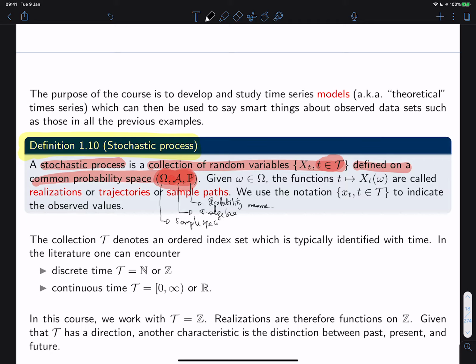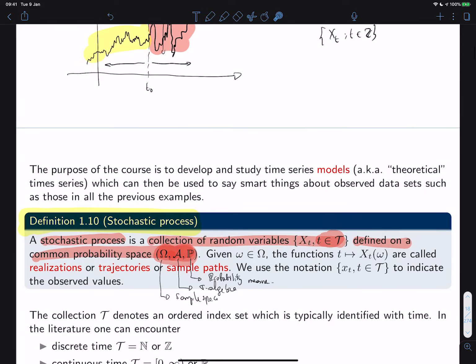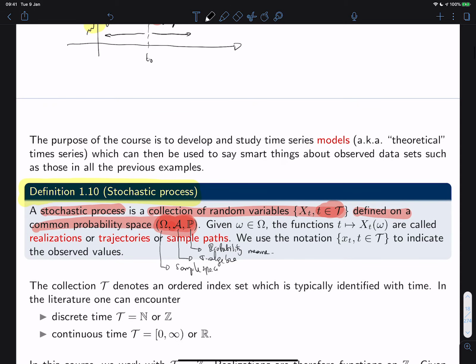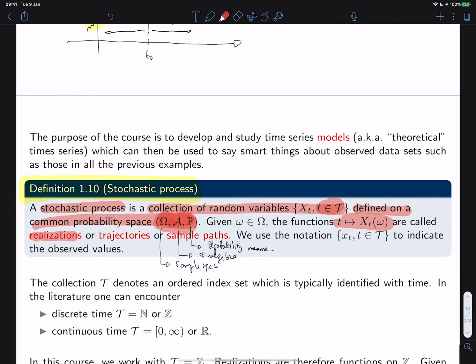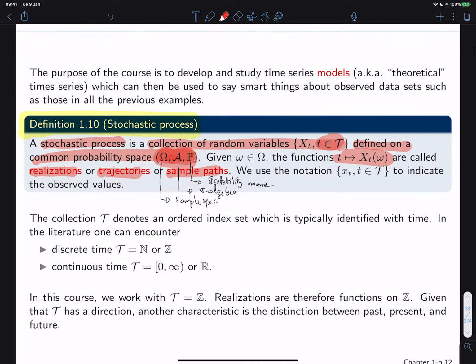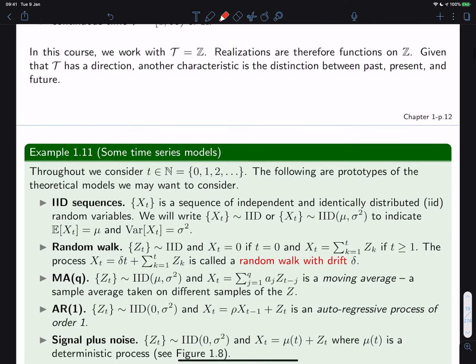So we have a collection of random variables defined in a common probability space, and given one omega in Omega, the functions which associate to time the evolution of the xt's are called realizations or trajectories or sample paths of the process.